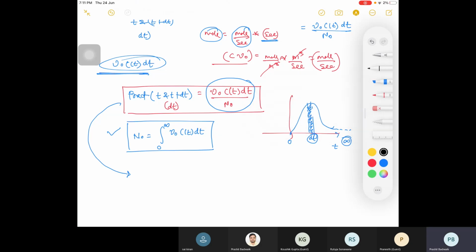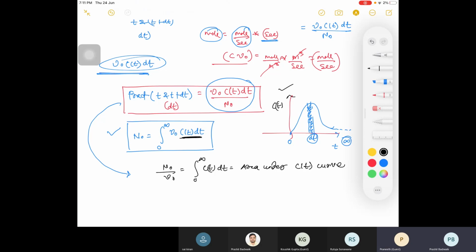Your area under the curve, this is your Ct versus time curve. So this is your curve, that is n naught divided by nu naught, which equals the integral from 0 to infinity of Ct dt, which I'm writing in terms of area under the Ct curve, or concentration curve.